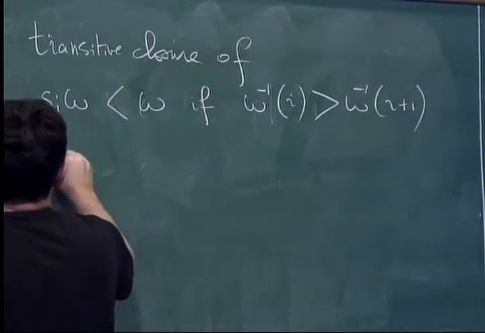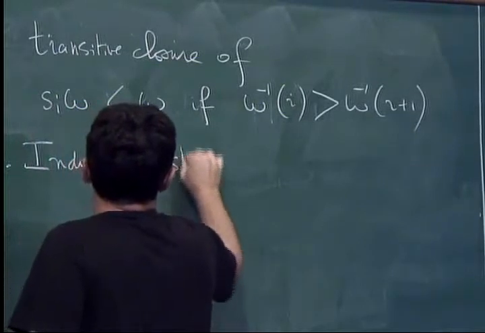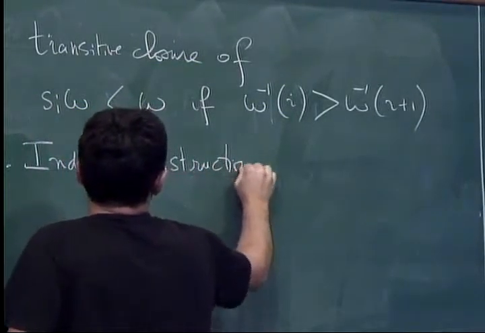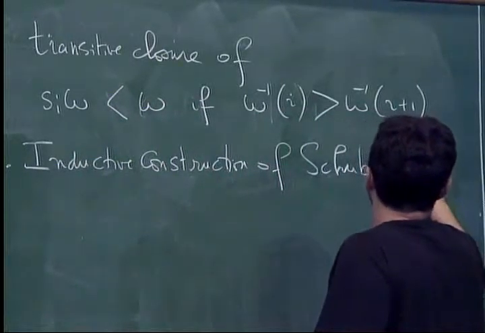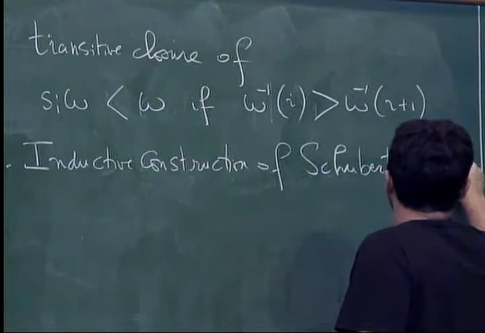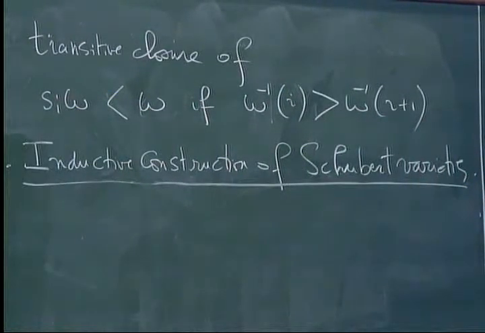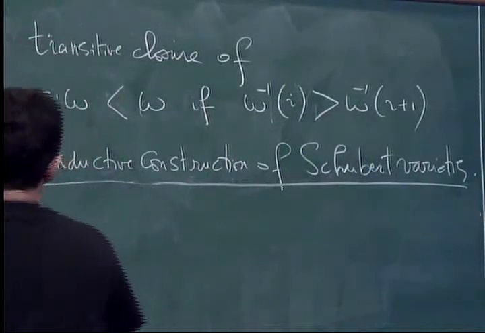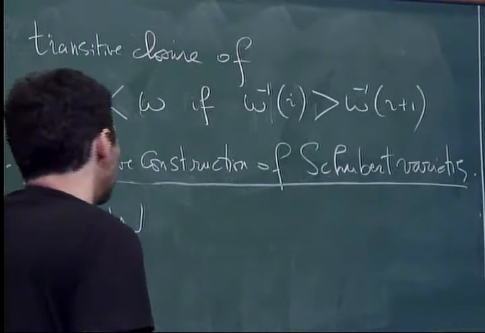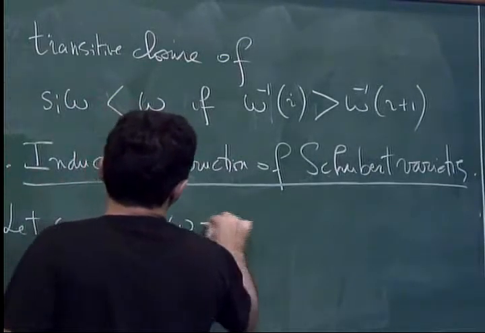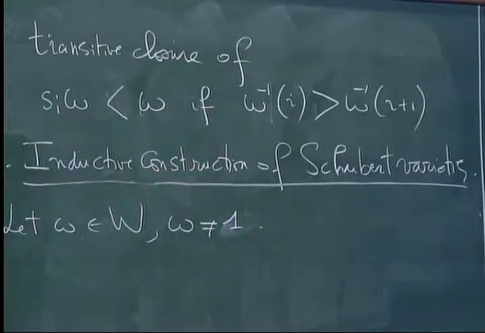So first let's consider w in the Weyl group, with w different from the identity.